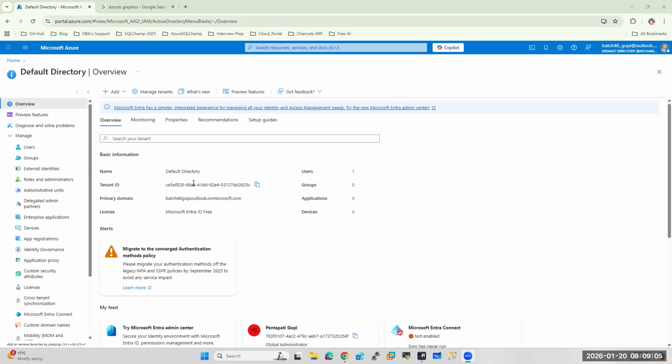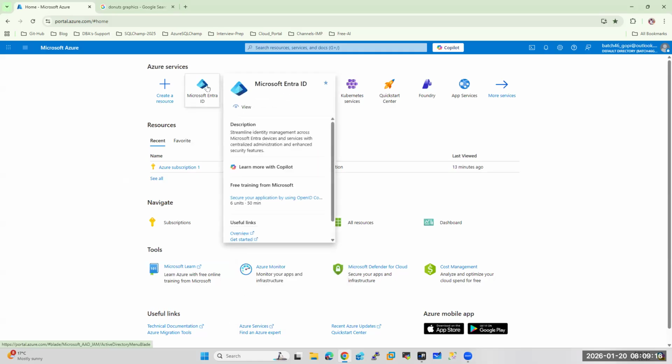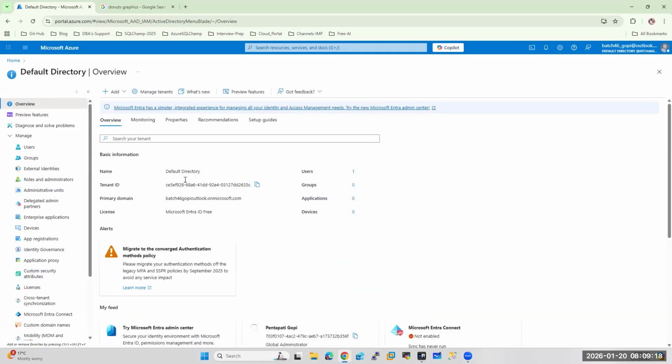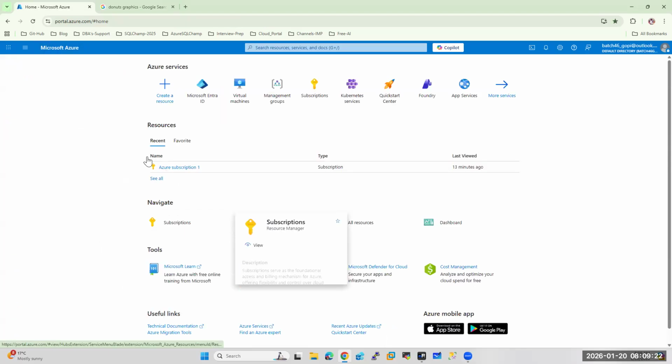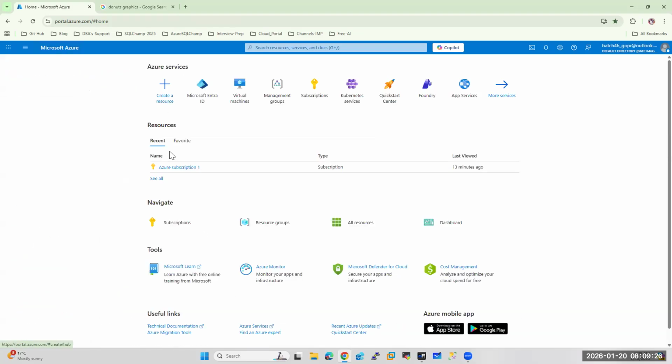Under this tenant, try to understand the logic, very, very important: under this tenant, which means under this directory, you are going to create the subscription. If I grant the permission to this tenant, you can access all the subscriptions. You can access all the resource groups. Okay, based on restrictions, based on the access part, whatever.